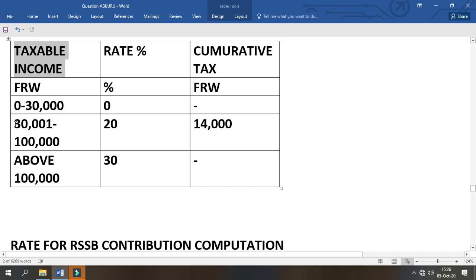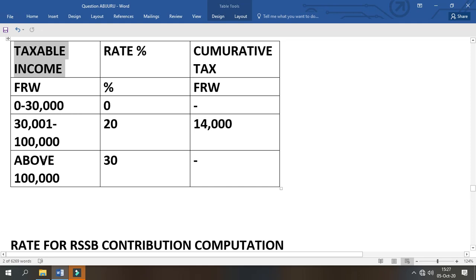If the taxable income is between 30,001 and 100,000, the tax rate is 20%, and the cumulative tax is 14,000.